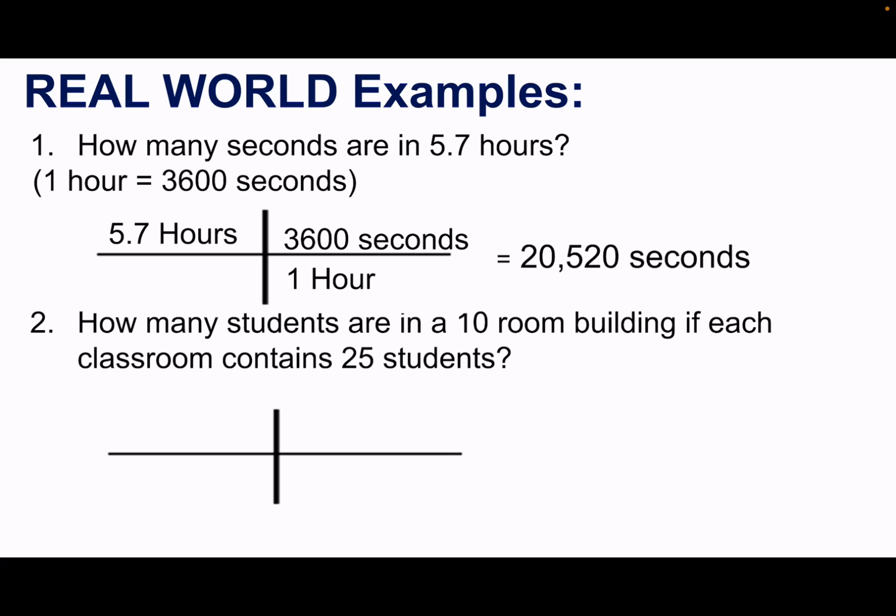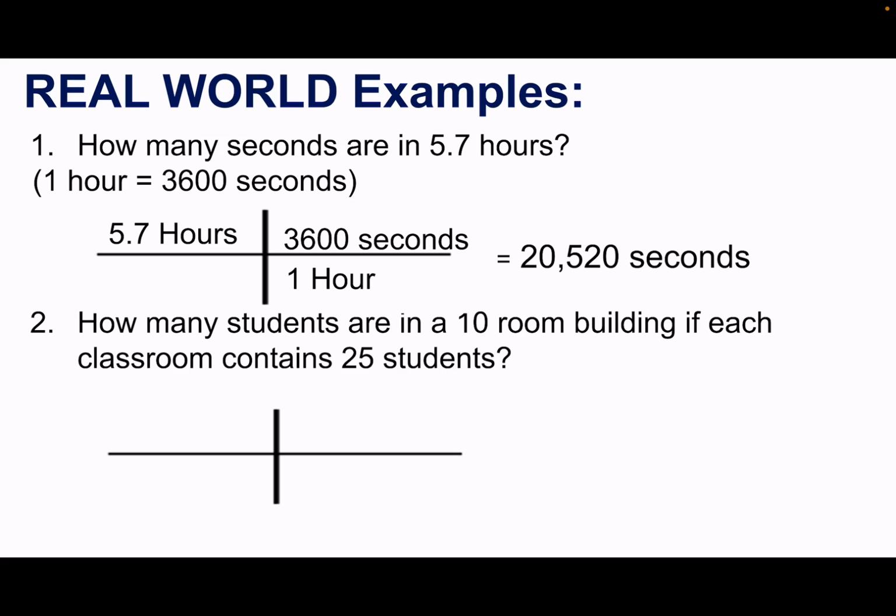Number 2, how many students are in a 10-room building if each classroom contains 25 students? Students often get stuck here because they don't know where to start. So, if you start with 25 students, what's important is that you attach 1 classroom with it, right?